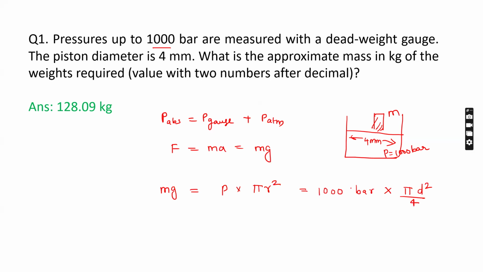And this bar has to be converted into SI units so that we can get all the things in SI units, which is 10 power 5 Pascal. And here the g is 9.81 meter per second square.